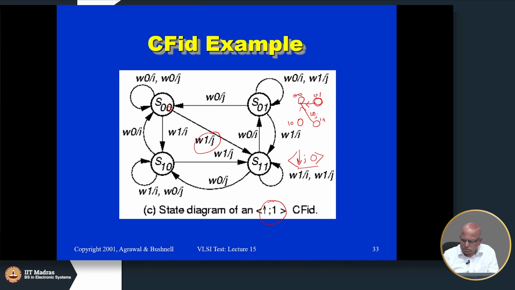Because this changed from 1 to 0 and this 0 came here. So, 1 1 to 0 0. So, this is an example of a fault. It is an idempotent fault because this is not dependent on the previous state.